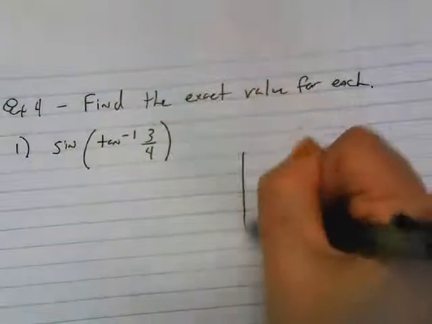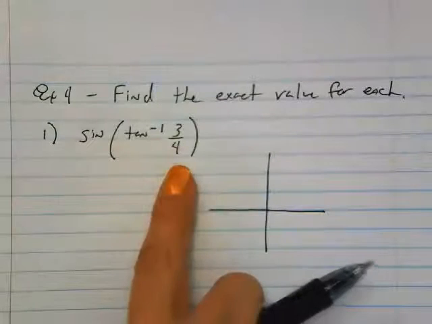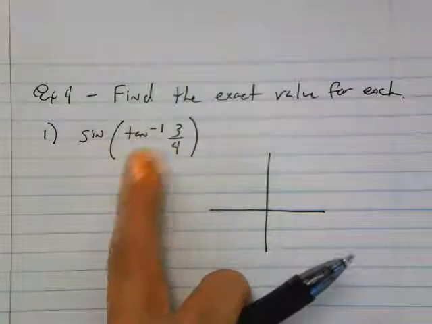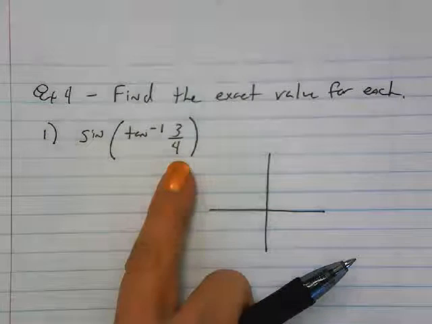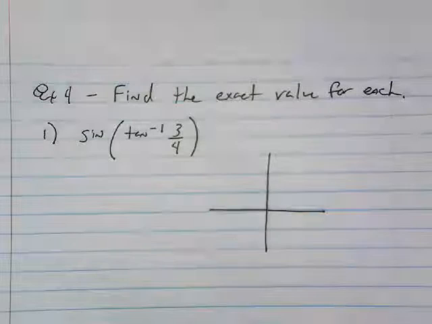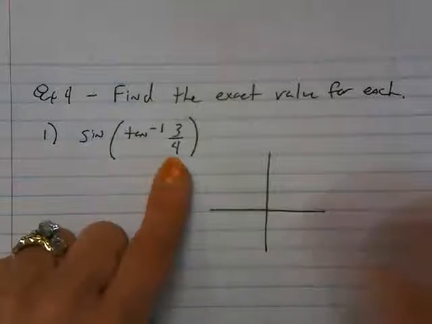We're going to go ahead and draw our little triangle in the quadrant. So the first thing I need to do is determine where is the tangent of 3/4. Well, I know that the inverse tangent only exists in quadrant 1 and quadrant 4, and this is positive, so it must be in quadrant 1.